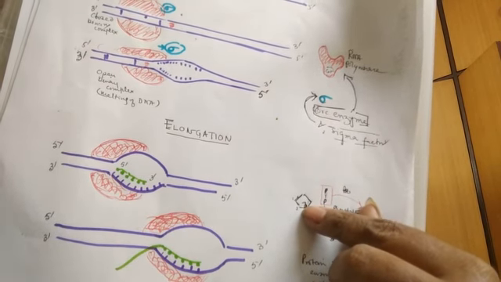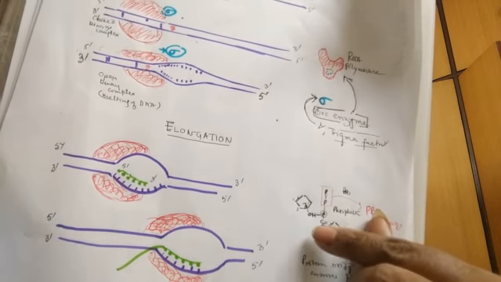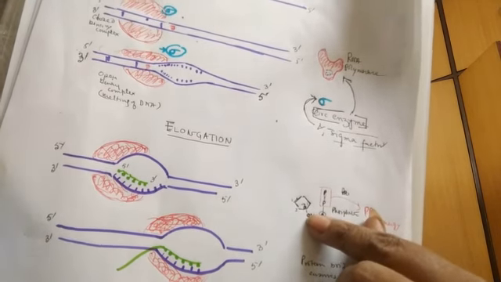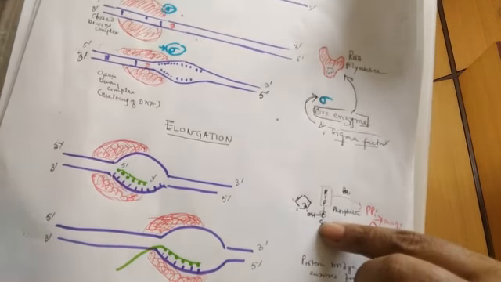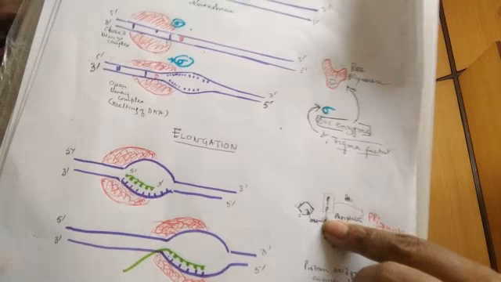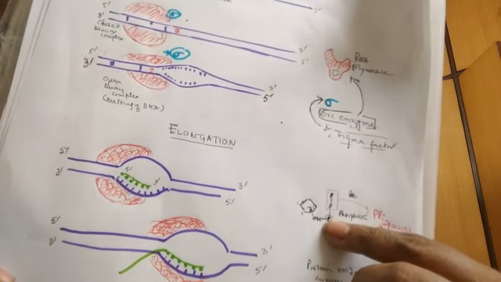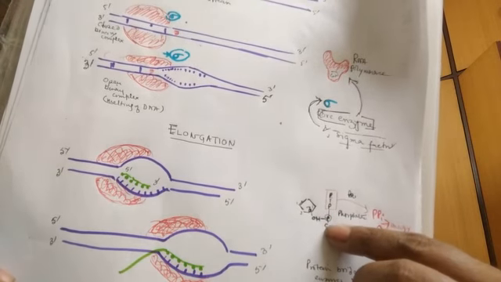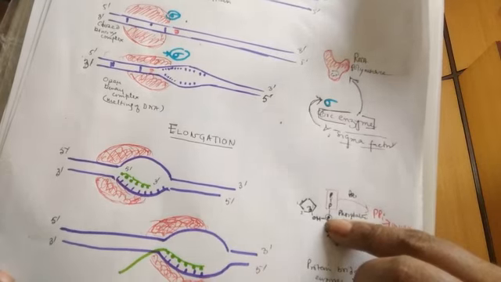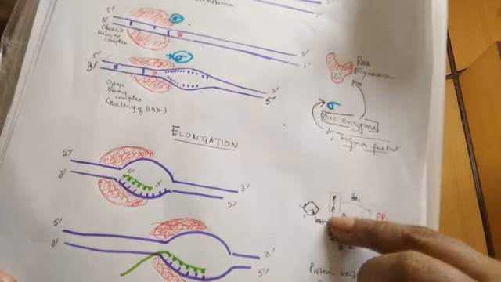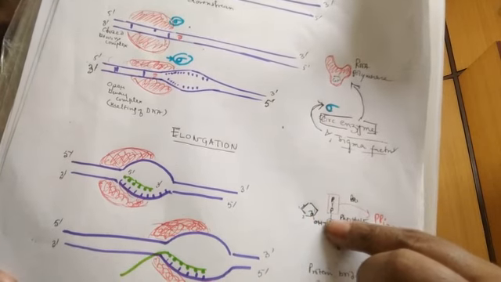And the third carbon of the former ribose sugar of the former ribonucleotide contains this hydroxyl group, to which the fifth carbon of the ribose sugar containing the phosphate of the next ribonucleotide, clear, they combine to form a phosphodiester bond.